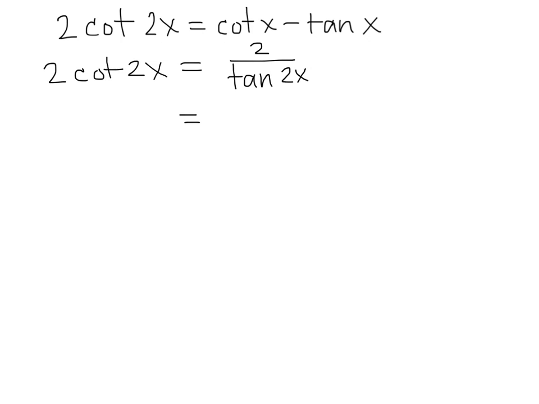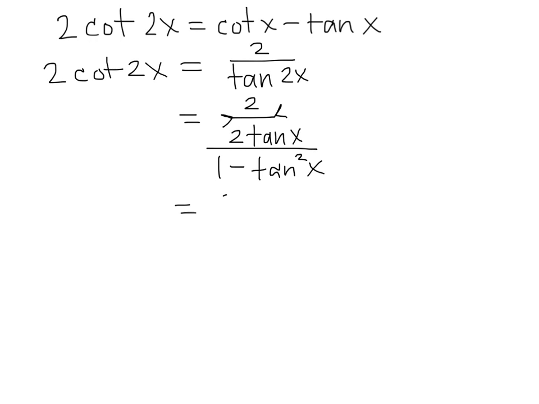Now, we're going to apply the double angle formula for the tangent of 2x and substitute it. So we have 2 over a large fraction bar, and the tangent of 2x is equal to 2 tangent of single x divided by 1 minus the tangent squared of x. Now we're going to copy, dot, flip.